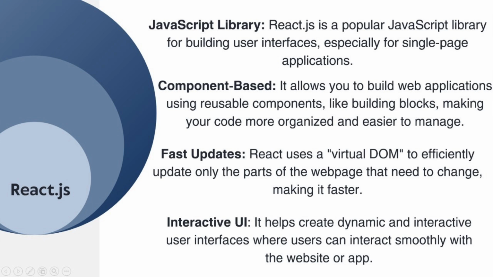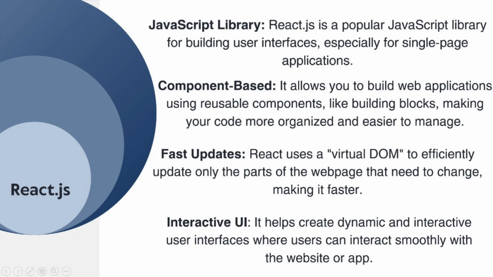1. JavaScript library. React.js is a popular JavaScript library for building user interfaces, especially for single page applications. Second, component based. It allows you to build web applications using reusable components like building blocks, making your code more organized and easier to manage.